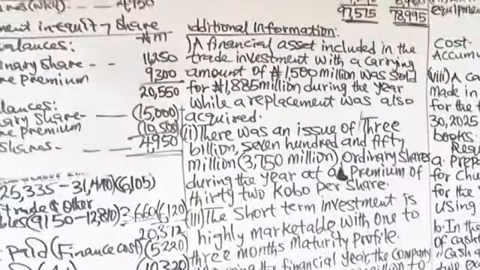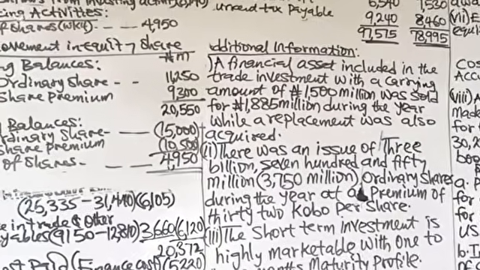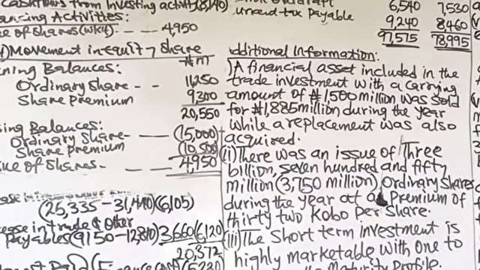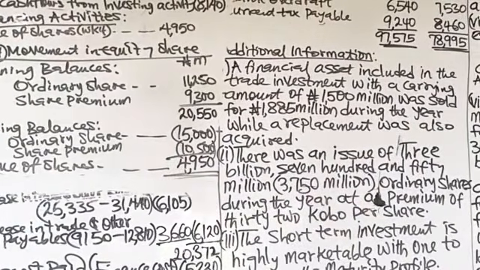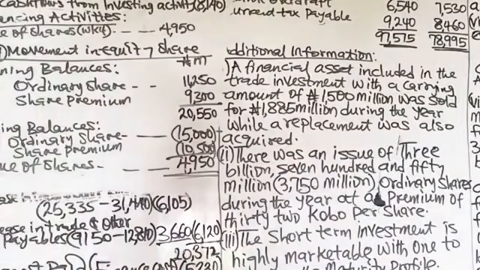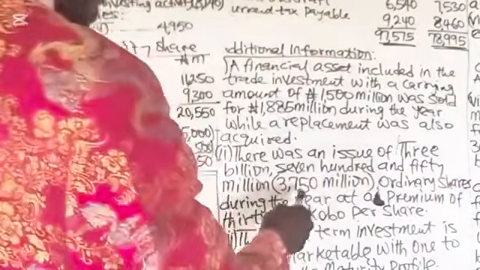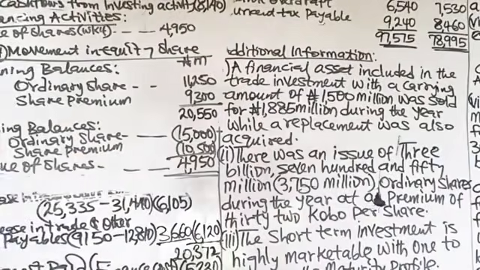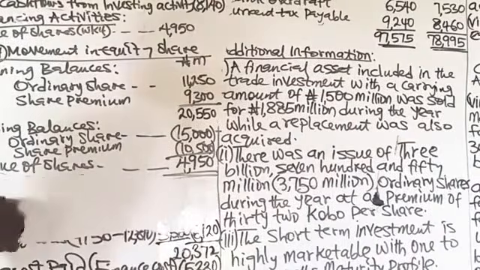You have information about the shares that were issued in the period. You were told there was an issue of 3,750,000,000 ordinary shares during the year at a premium of 32 kobo per share. So there was an issue of shares at a premium.